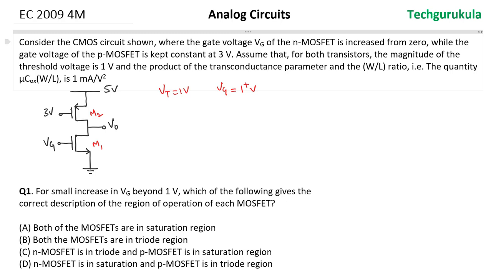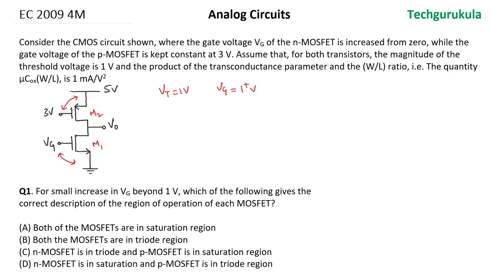To understand what happens when we increase Vg slightly higher than Vt, let's see what happens when Vg is equal to 1 volt. When Vg is equal to 1 volt, obviously M1 is in cutoff. There won't be any current flowing through the MOSFET. In that case, we know the PMOS transistor has a VGS which is greater than Vt.